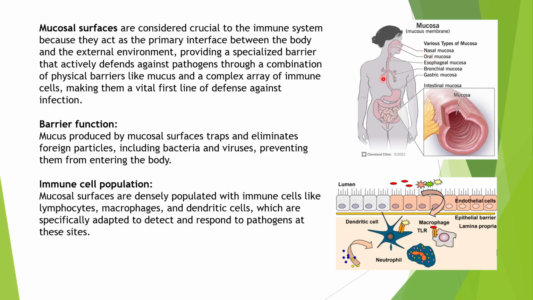At different regions, based upon the organ it is lining, it is named according to the organ. Otherwise it's more or less the same mucosal layer. So your nasal mucosa, oral mucosa, esophageal mucosa, bronchial mucosa for your lungs, gastric mucosa in your stomach, and then your mucus layer in your intestines. So this is all throughout, for anything that can be exposed via your inhalation and your eating.